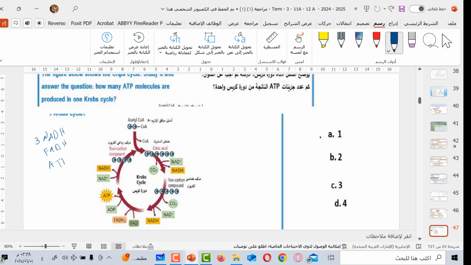This will be multiplied by 3, and this by 2, and this equals 1. So 3, 5, 6, it will be 6 ATP.